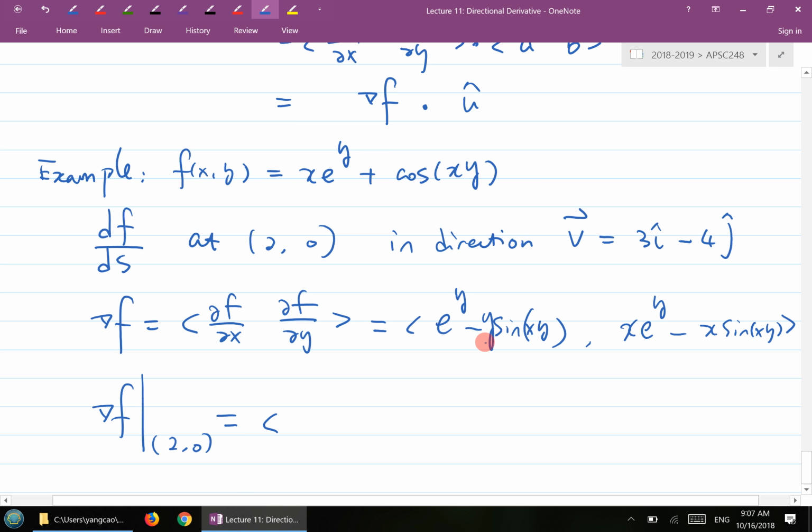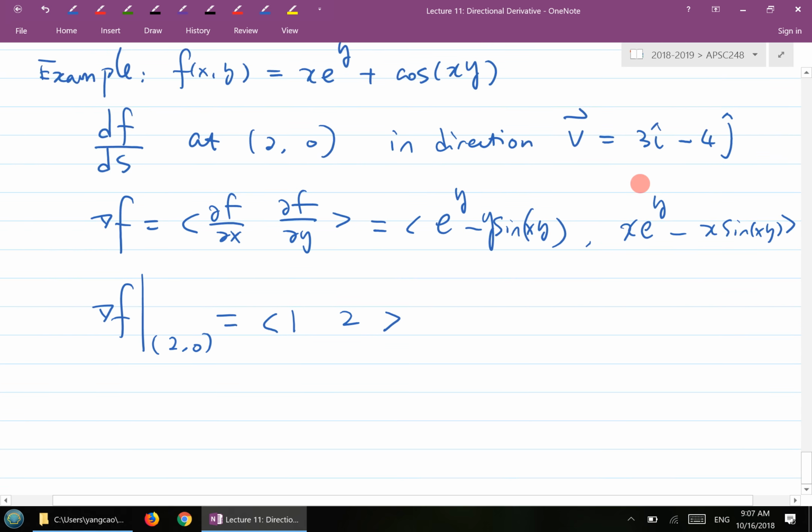Plugging in, you get 1 minus 0, and then 2 minus 0, so (1, 2). That's the gradient vector at that location.